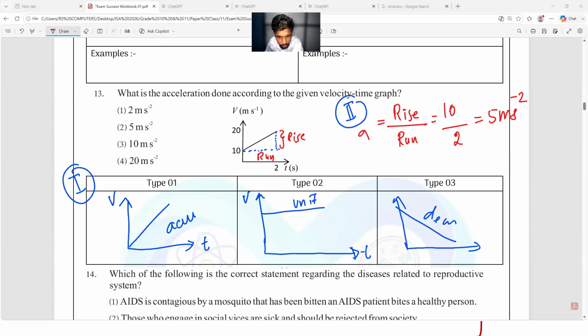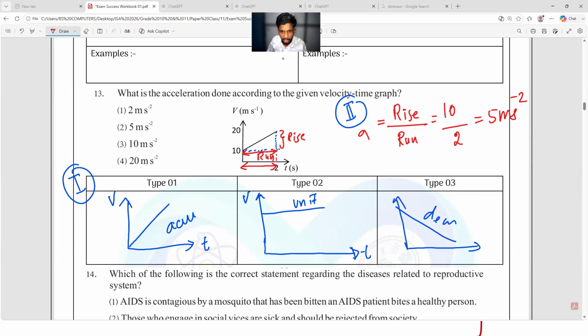Sir, why is the run not 25? Who asked this question? Why is the run not 25? Yes, run is this, my dear, from here to here. That is 2, right? Are you asking regarding the run or the rise, my dear? No, sir, the other question here in the slide.